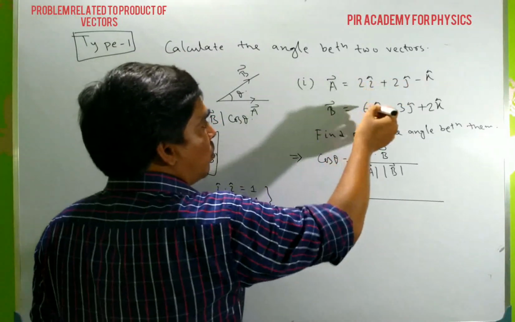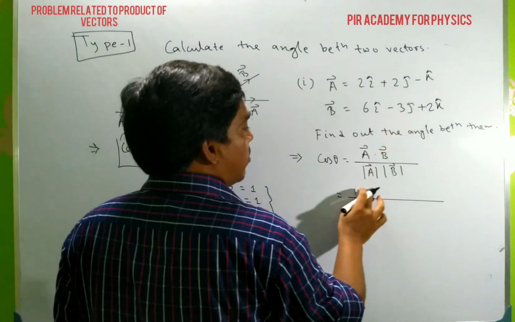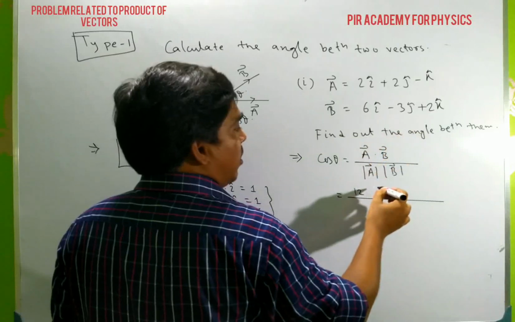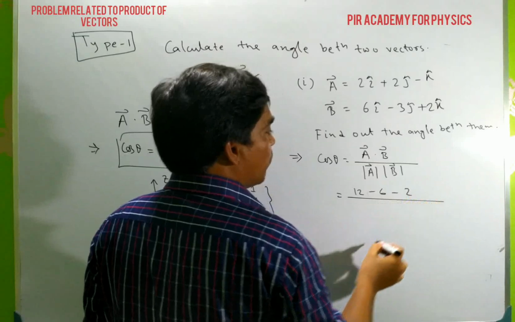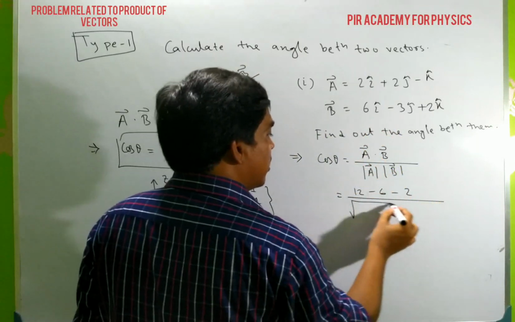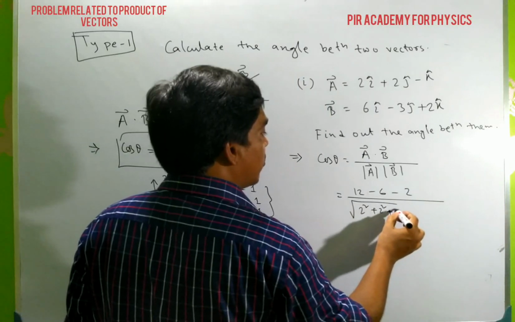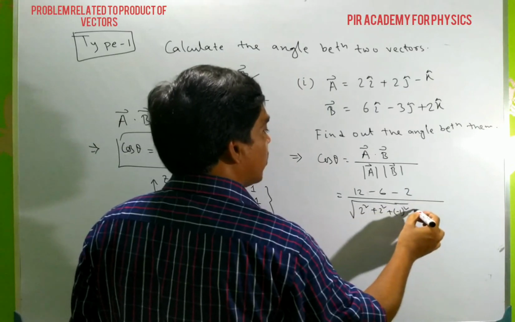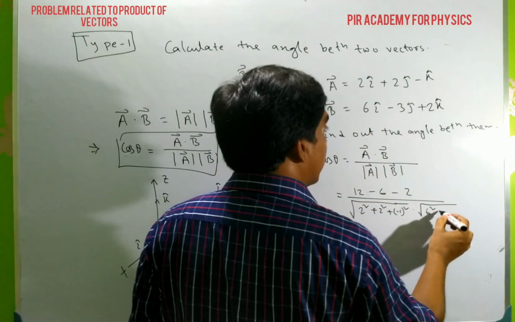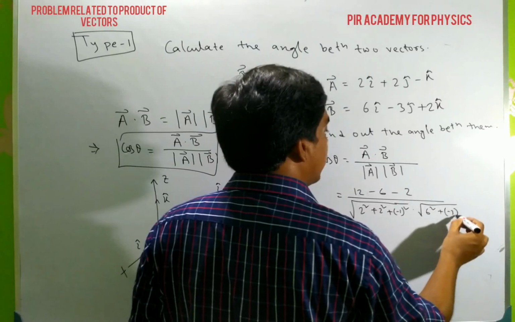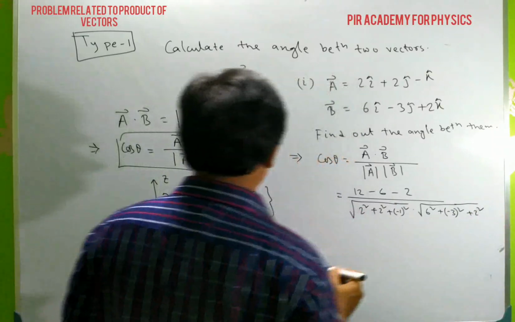That means 2 multiplied by 6 equals 12, plus 2 multiplied by minus 3 equals minus 6, plus minus 1 multiplied by 2 equals minus 2. Here magnitude of A means root of 2 square plus 2 square plus minus 1 square, into magnitude of B, that means root of 6 square plus minus 3 square plus 2 square.